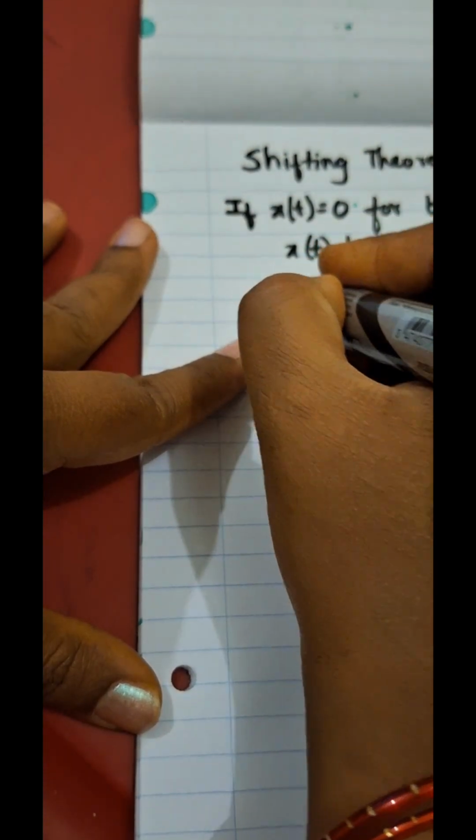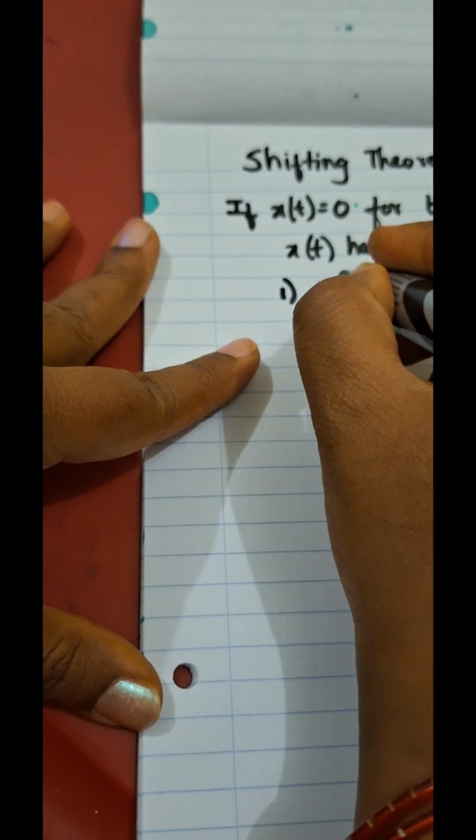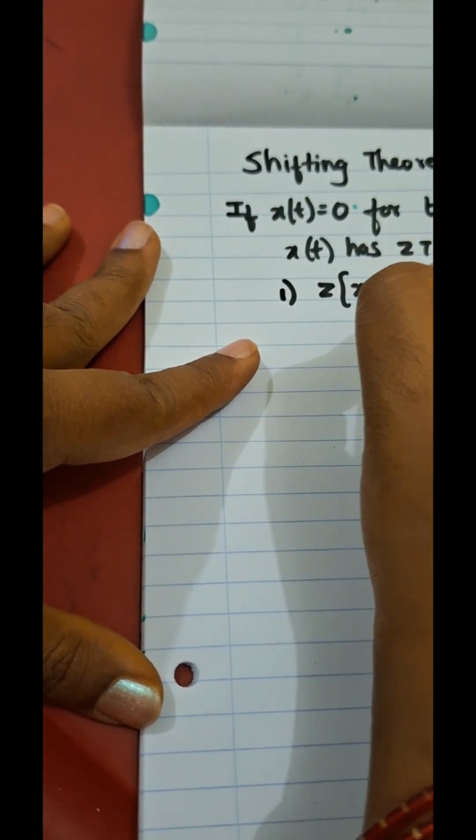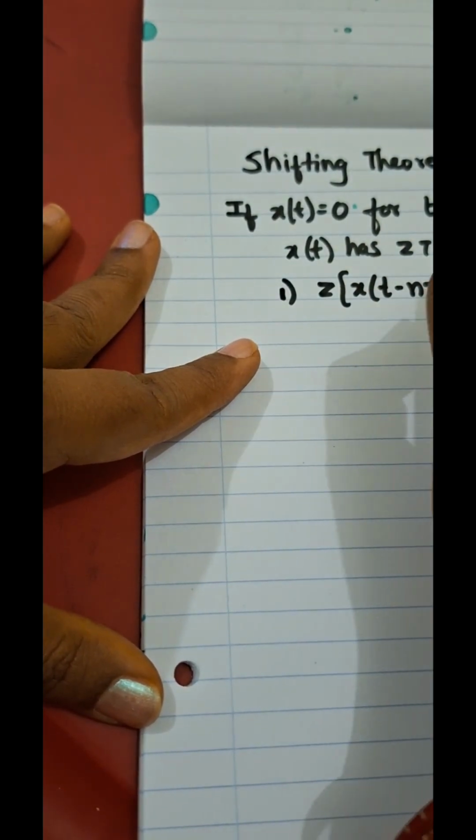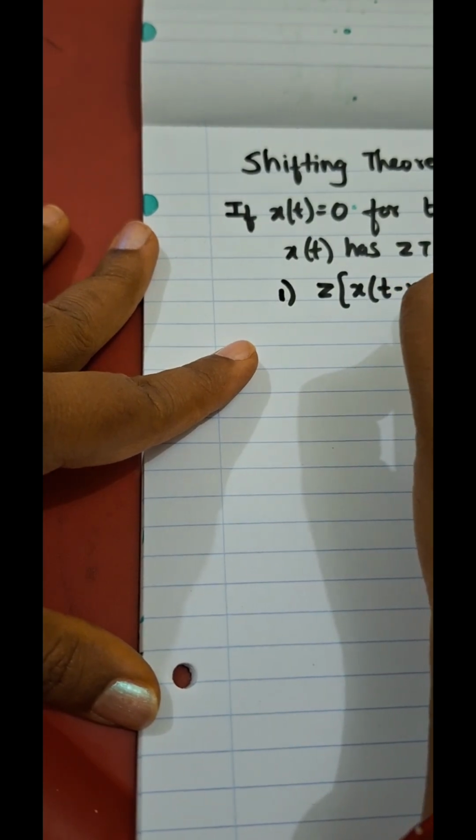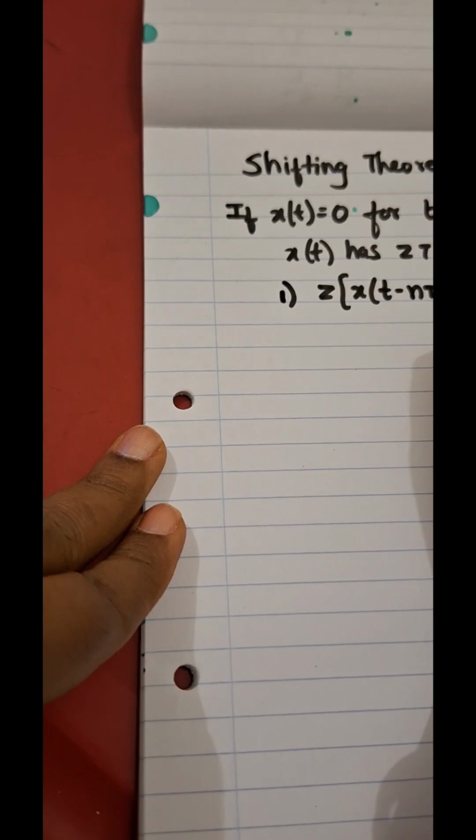the statement is saying: one, the z transform of x of (t minus nT), where capital T is the sampling period and small n is the shift, is equal to z power minus n times X of z.